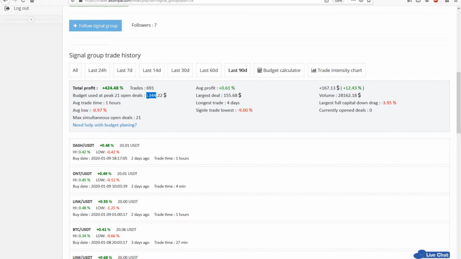These 2 parameters indicate how you need to set up your budget group. That means the largest recorded deal was $155, but the maximum capital that was used was $1,344. So this indicates that we also need to keep in mind that we need to have a spare.